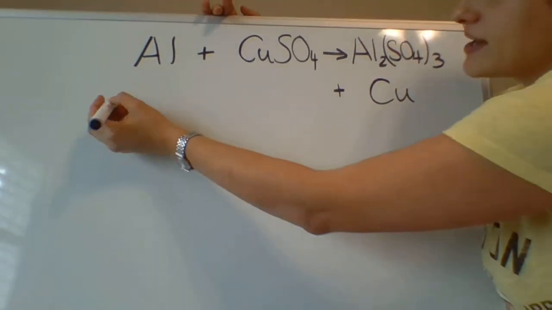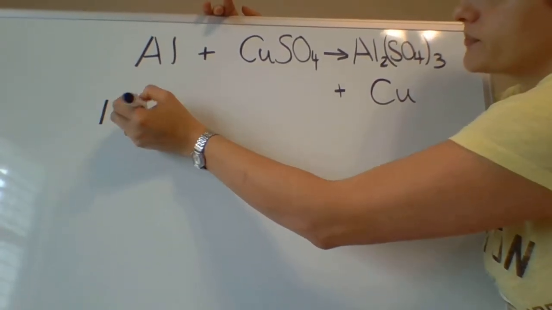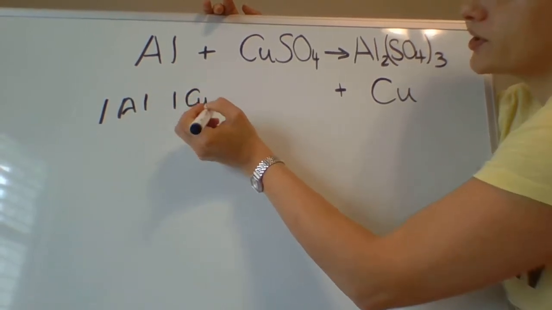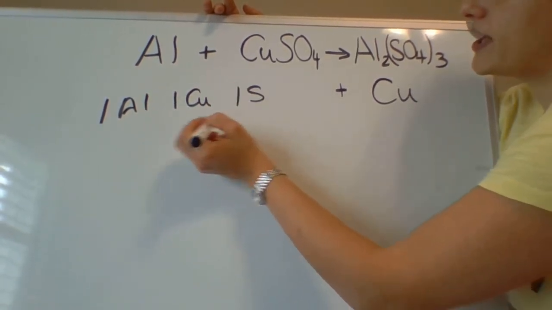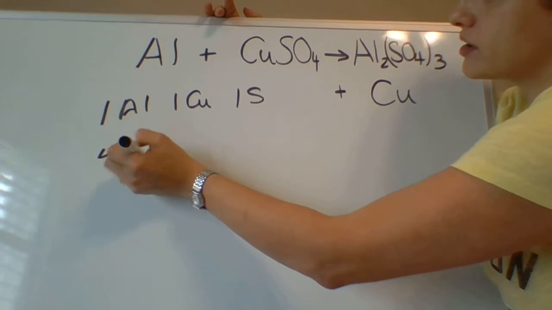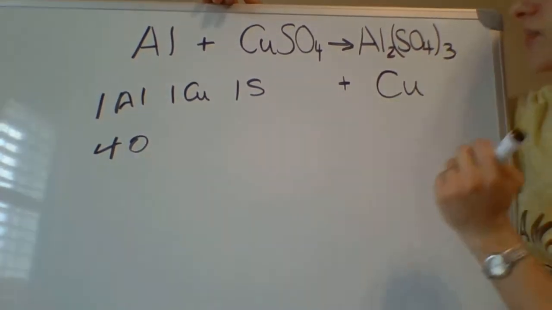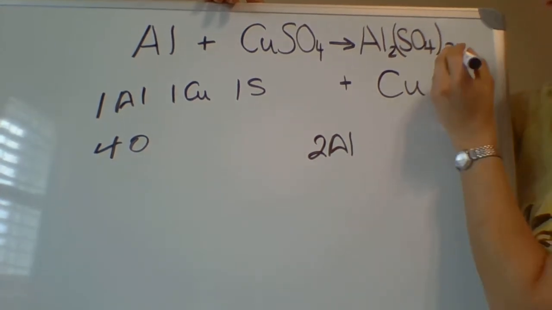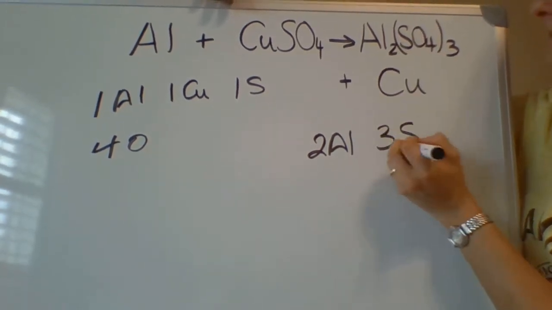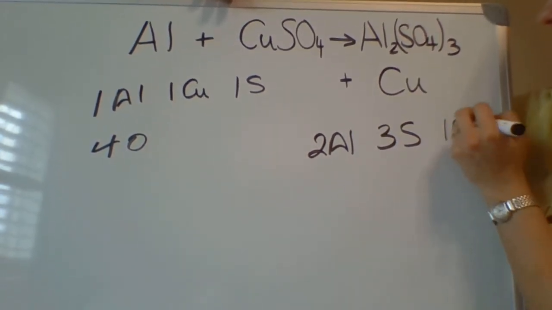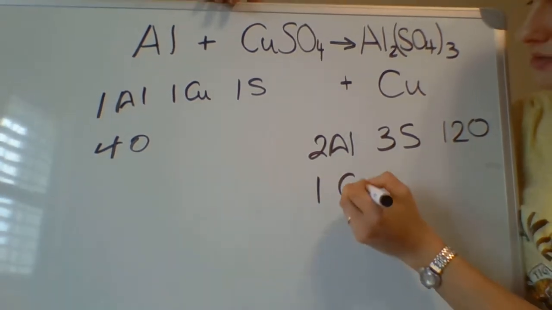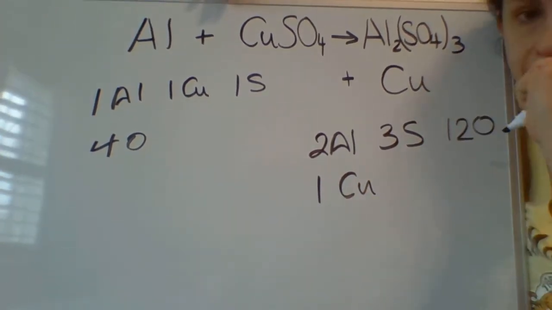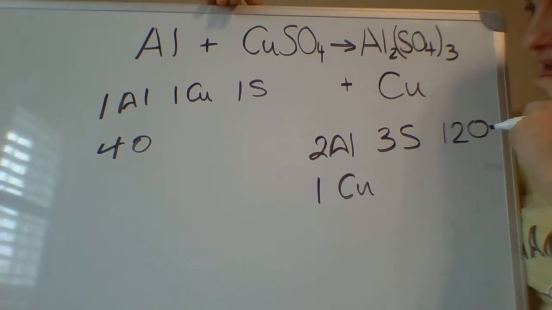So we have on the left-hand side 1 aluminum, 1 copper, 1 sulfur, and 4 oxygen. On the right-hand side, we have 2 aluminum, 3 sulfur, 12 oxygen, and 1 copper. So remember, leave oxygen until the end.